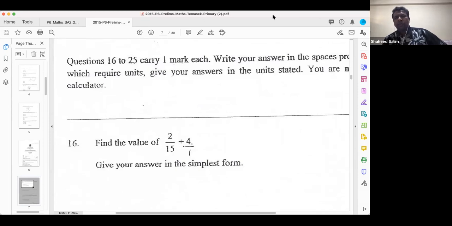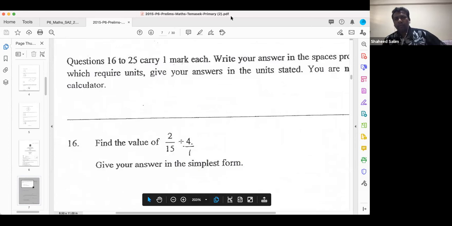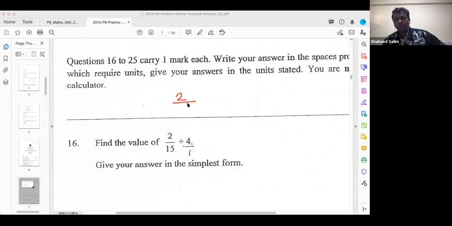The original question is 2 over 15 divided by 4. So you got to do using your paper and pencil.